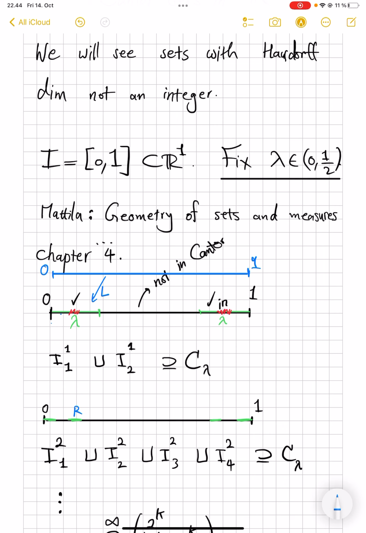So once you are here, you have a choice between left and right, and then you keep going. And every time you do, you're selecting a subinterval of the previous one, and all of these are compact and obviously decreasing.